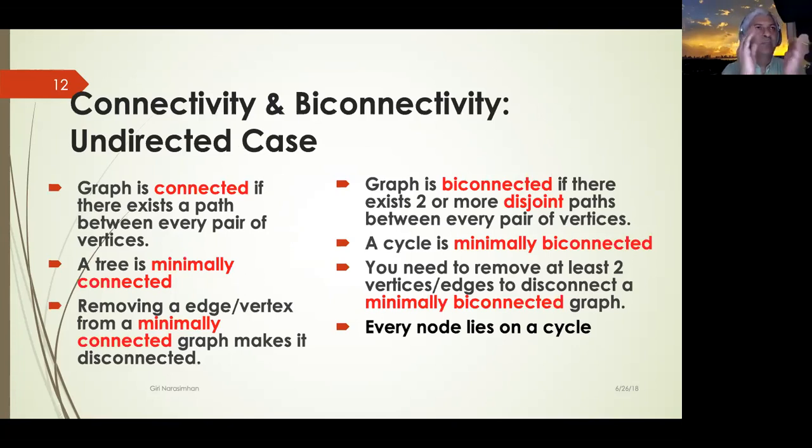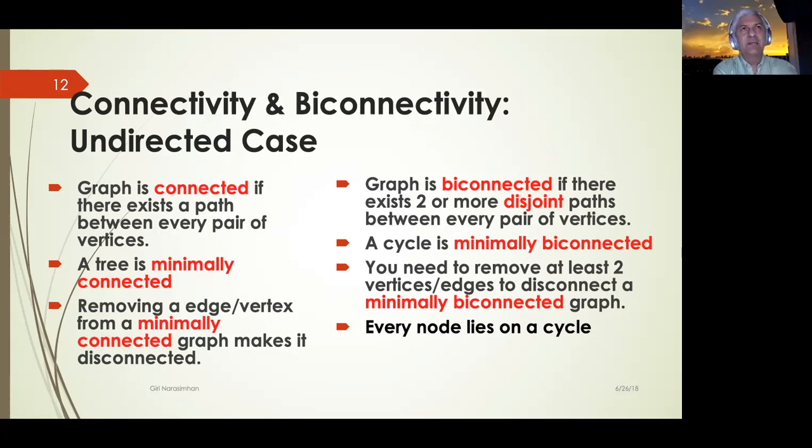The bullets on the left talk about connectivity, the bullets on the right talk about biconnectivity. Now let's see how they're different. A graph is connected if there exists a path between every pair of vertices. It doesn't matter which pair you pick, you should be able to go from one vertex to another. Such a graph, at least in the undirected case, is called connected. What's biconnectivity?